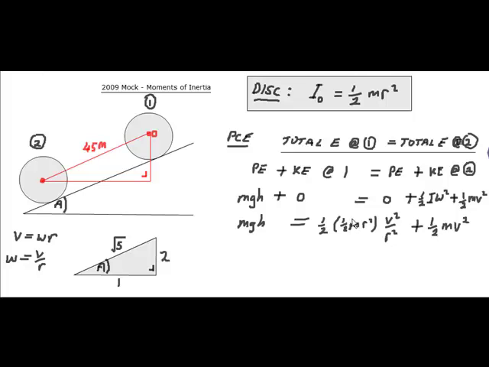And at this stage the m's can cancel all the way across, and let's just tidy things a little bit. We've got gh on this side, equal to a half by half, which is a quarter, so we've got r squared. Actually, the r squared cancels as well, so we can get rid of that.